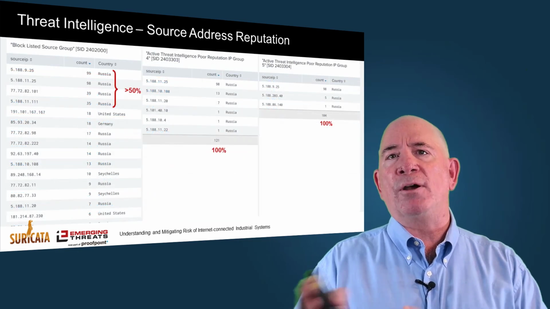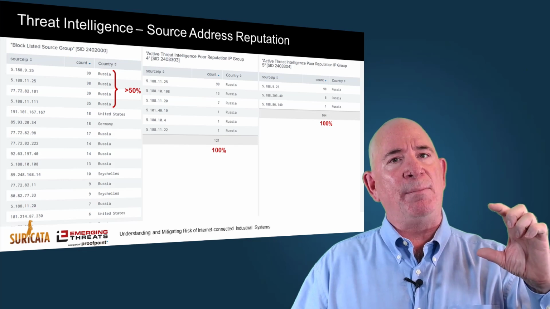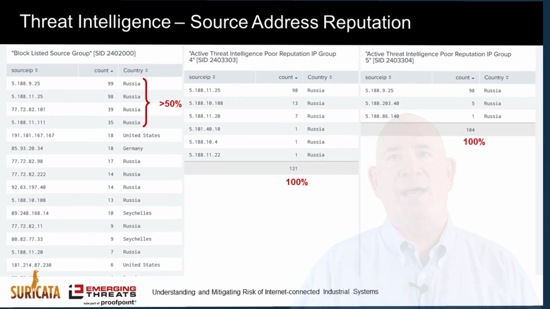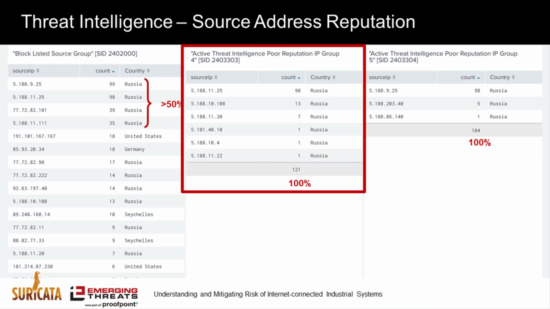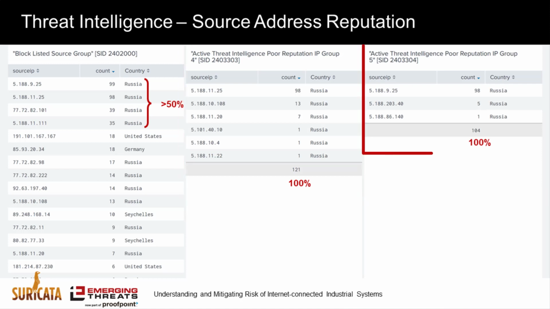When we start to parse it down by those 3 common groups on the previous slide, you see that in the first, roughly 50% of those IP addresses were originating in Russia. On the second reputation score, all 100% were actually Russian IPs, as was the same with the third reputation group.